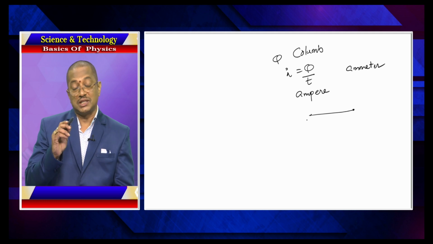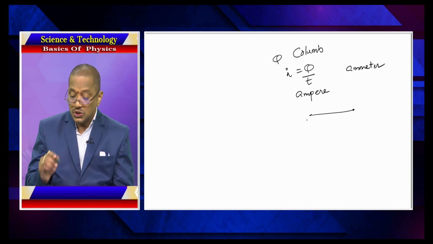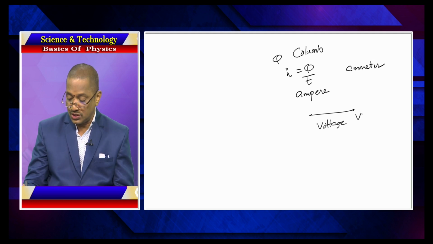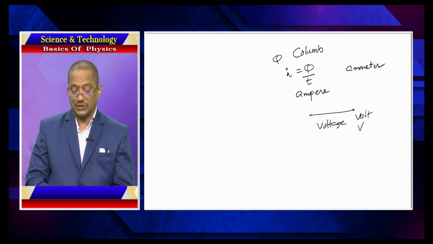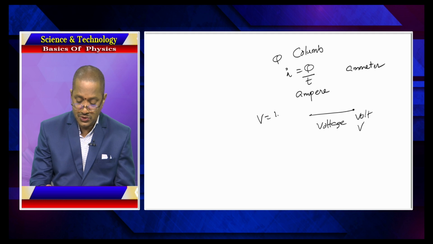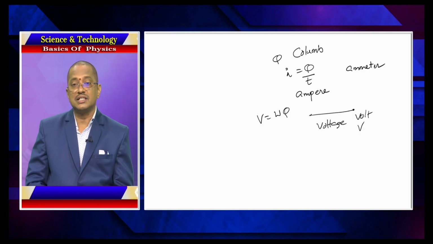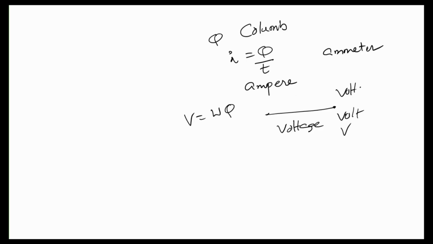The unit of potential difference is the volt, which we call V. V is equal to W by Q. This is the formula, and the potential difference is measured in volts using the voltmeter.